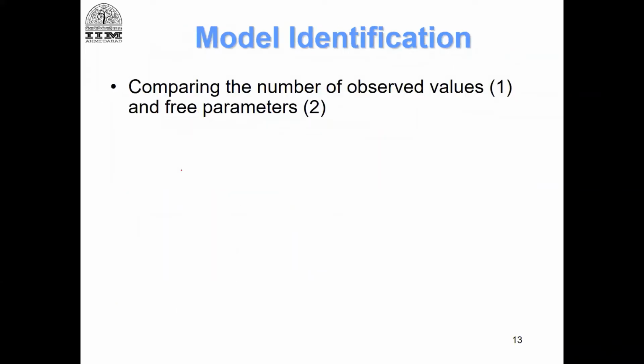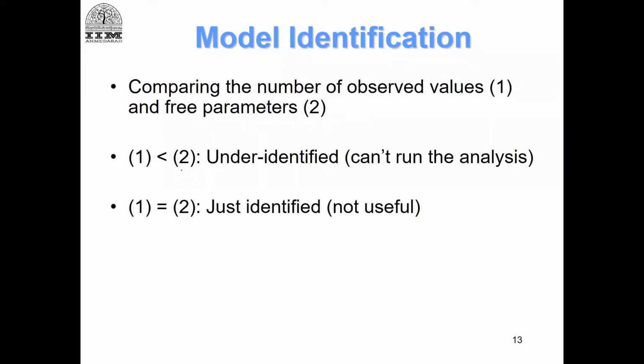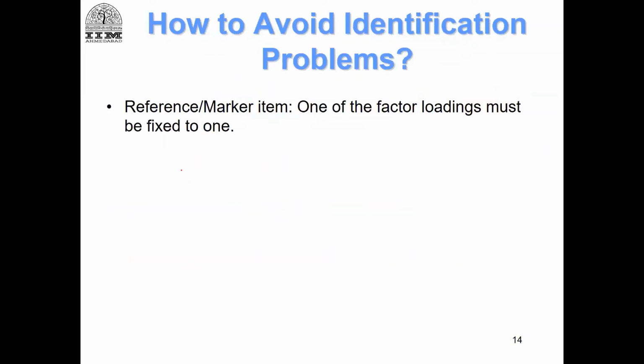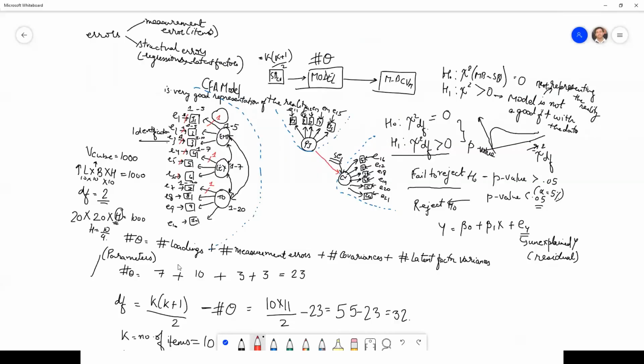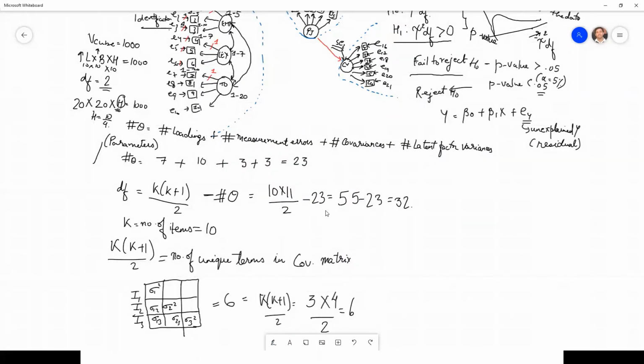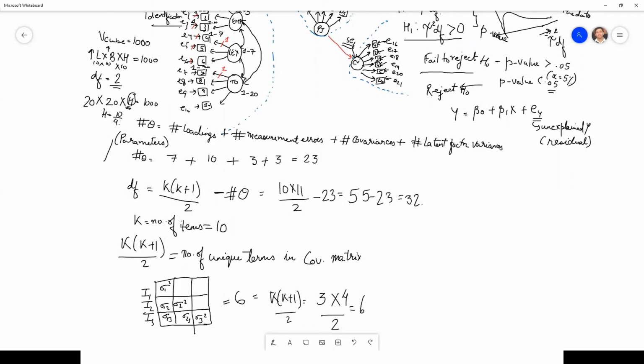The second thing is what we call model identification. What is model identification? It means that your degree of freedom, which is defined as k(k+1)/2 minus the number of parameters, should be greater than 0.